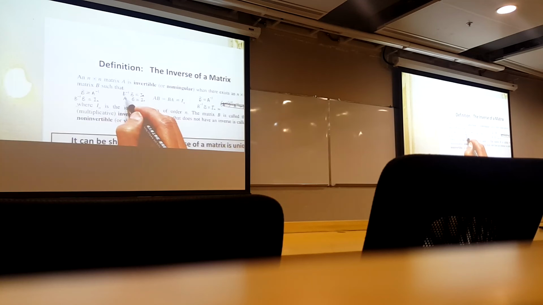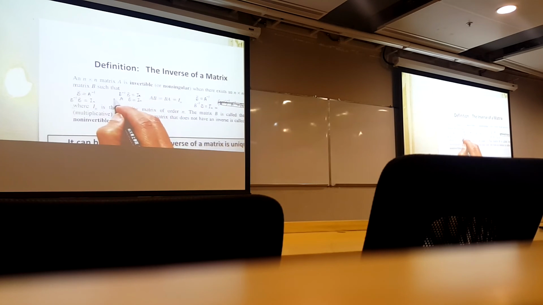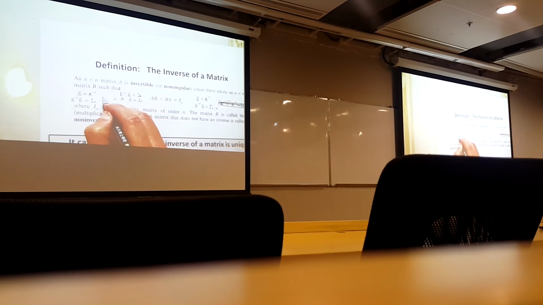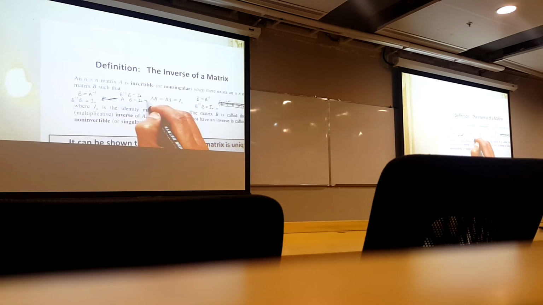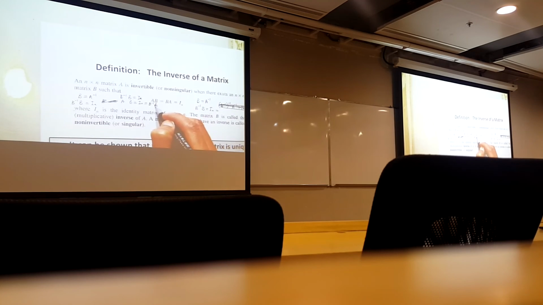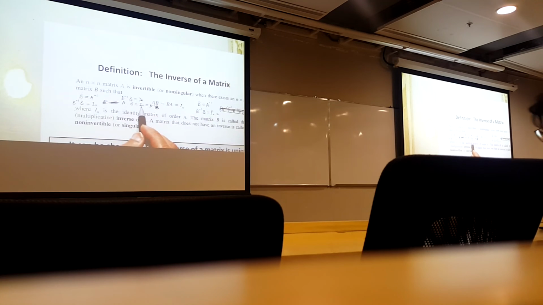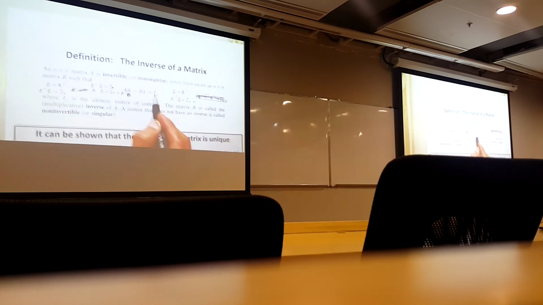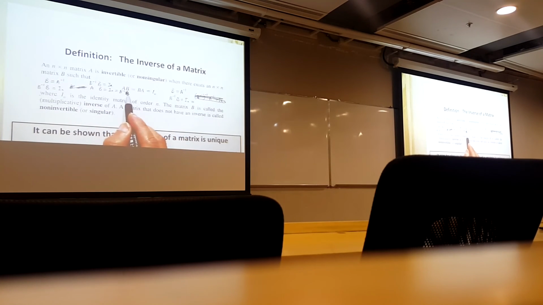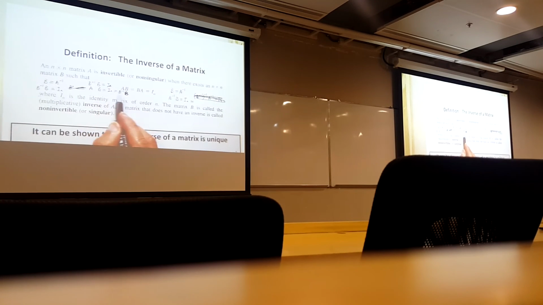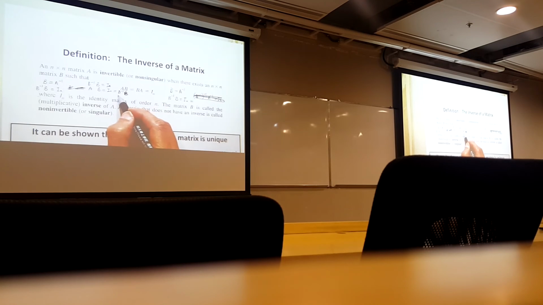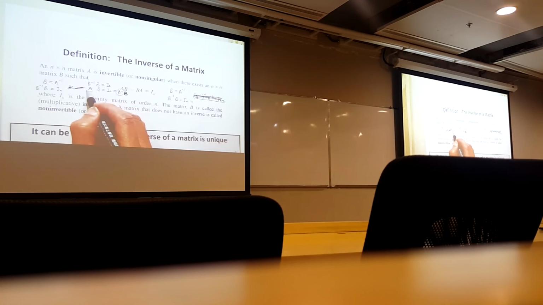Therefore, B's inverse is A, right? I write it on this side. B inverse equals A, because both equal the same identity matrix. A times B is identity. B inverse times B is also identity. Both are definitions. We can see B inverse is the same as A.